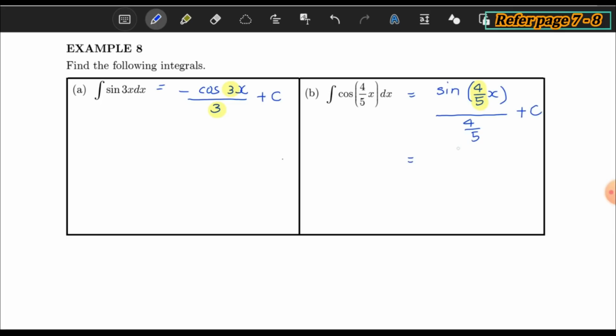The final answer will be 5 over 4 sin of 4 over 5 x plus c. And if you notice here, the angle remains the same. We cannot change the angle.